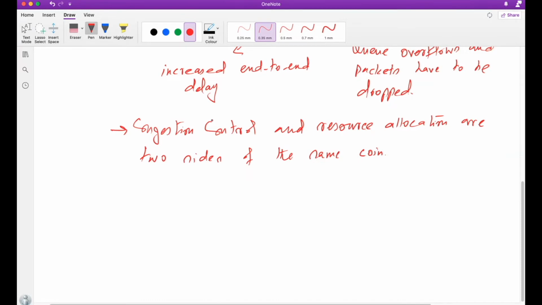And by the way, both these mechanisms, whether we talk about congestion control or resource allocation, involve hosts and network elements.